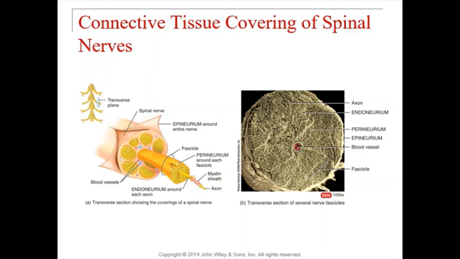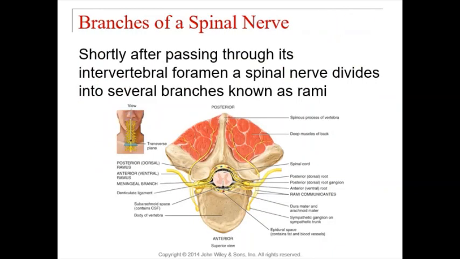So now you know some basic anatomy of your nerves as well. And you might recall from lab, we saw the spinal cord, and there were little gaps on the sides of the spinal cord. Remember, we called those the intervertebral foramen, and I told you that's where spinal nerves are coming through, where nerves coming off the spinal cord are coming through.